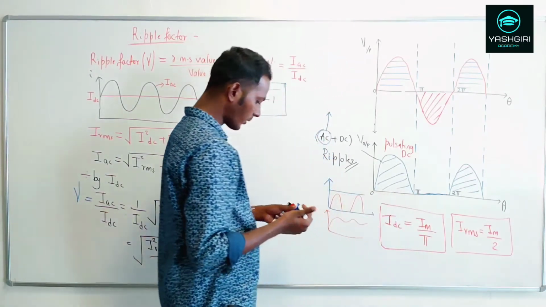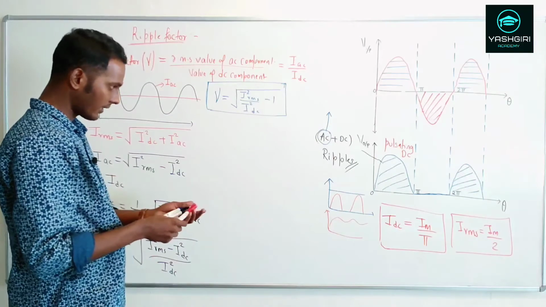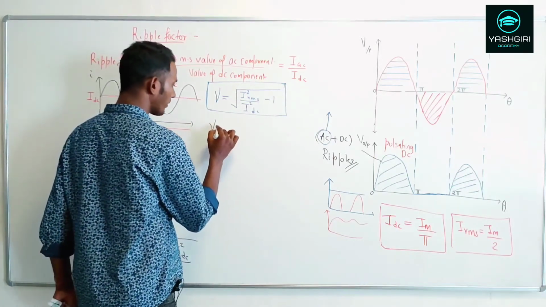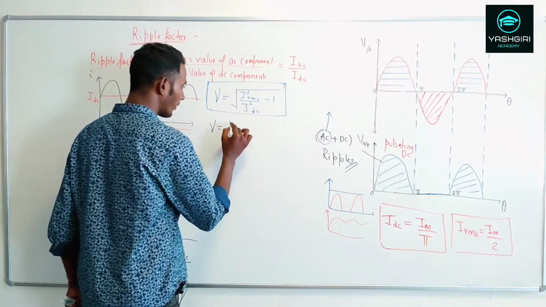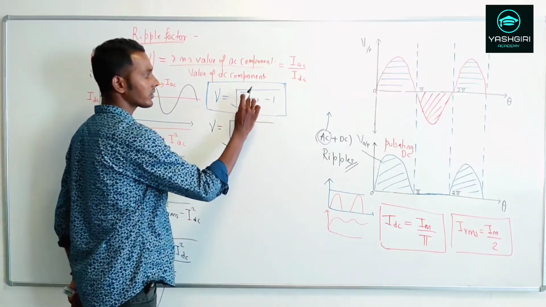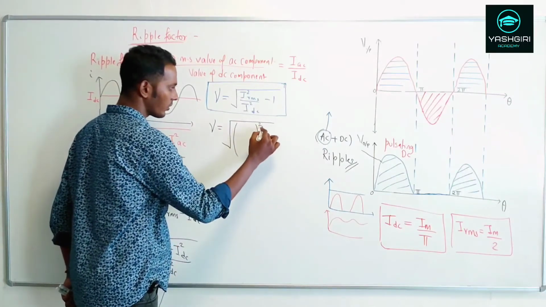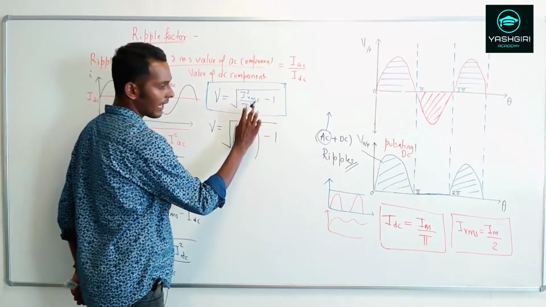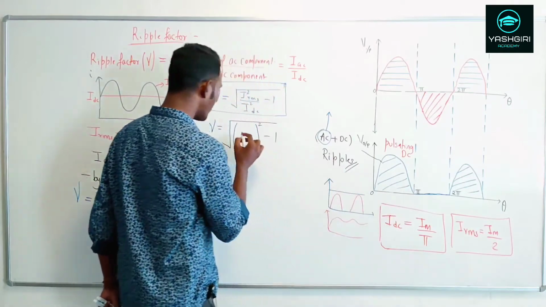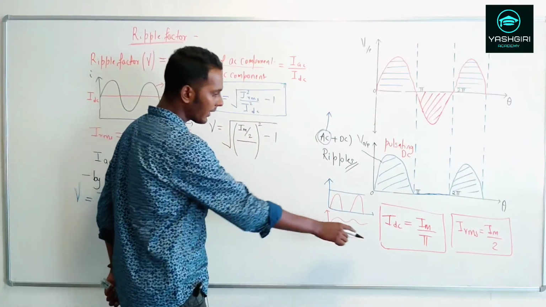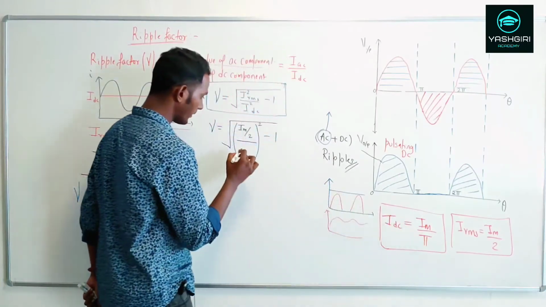IDC, what I have got, is Im by pi. Now I'll substitute those values. The ripple factor is equal to the square root of IRMS square upon I square DC, which I can write as the whole square of the ratio, minus 1. IRMS I am getting as Im by 2, divided by IDC, which is Im by pi.